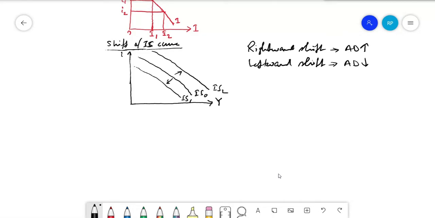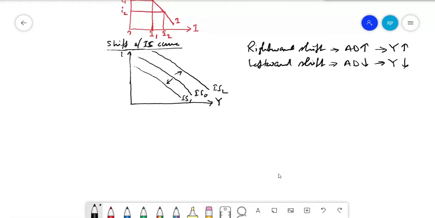So definitely if your aggregate demand increases, then your production will also increase, and if aggregate demand decreases, then the level of production will also decrease. I mean, if AD increases, then Y will increase; if AD decreases, then Y will decrease. So you are getting this relationship.